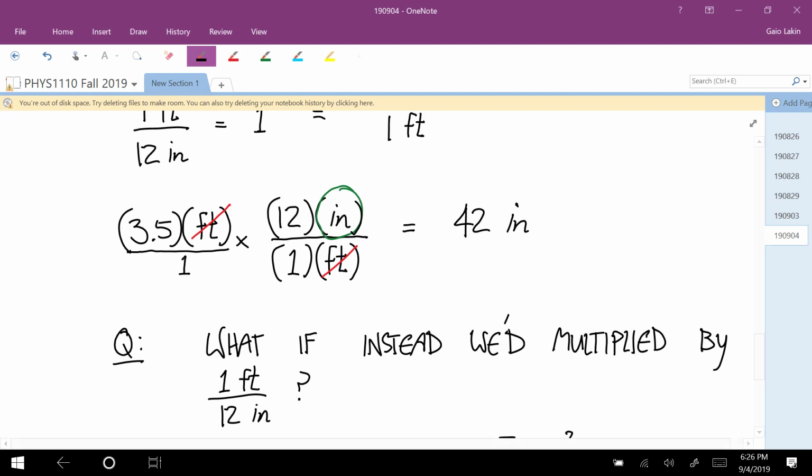Okay. The units that you want to cancel are the feet. You want to get rid of those. And feet is in the numerator. So you want to choose the one of these two fractions that has feet in the denominator. Okay. So if you think of it that way, the one that you want to choose has to be 12 inches over 1 foot. Okay.